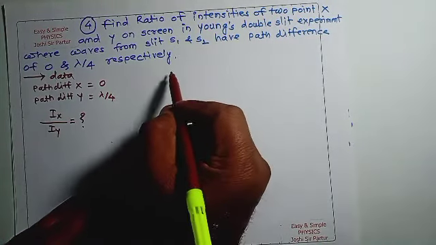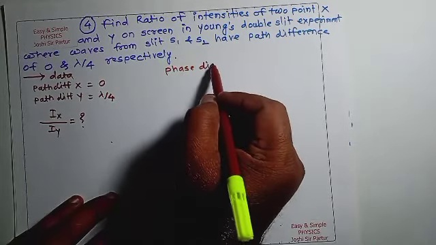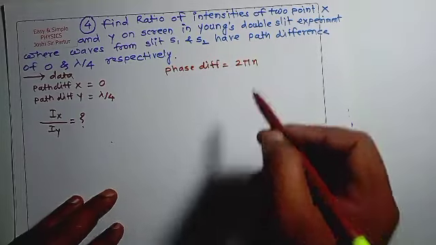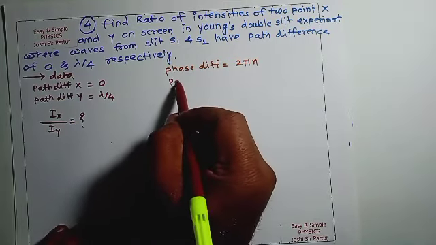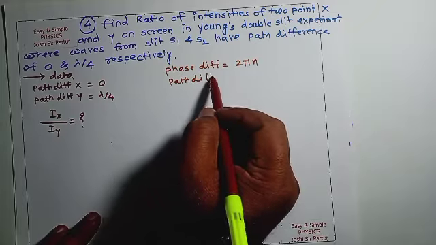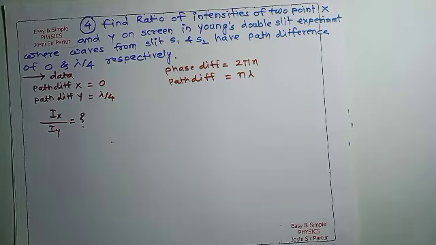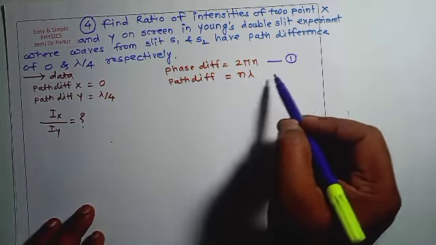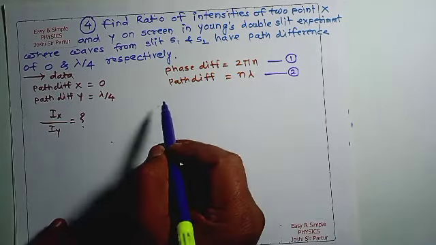So here, first of all, we know that phase difference is equal to 2 pi n for constructive interference, or path difference is equal to n lambda for constructive interference. If we divide the two equations, equation 1 and equation 2, what happens?